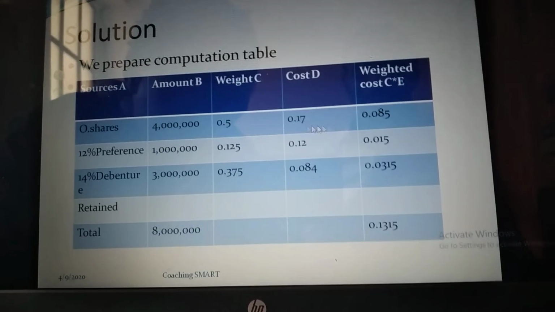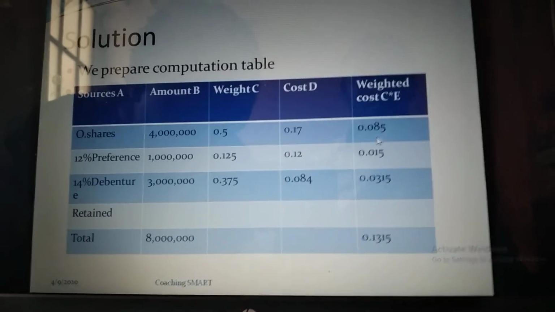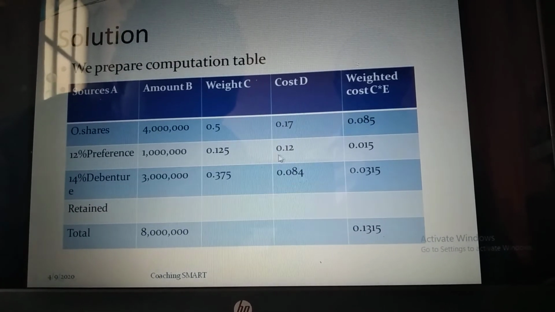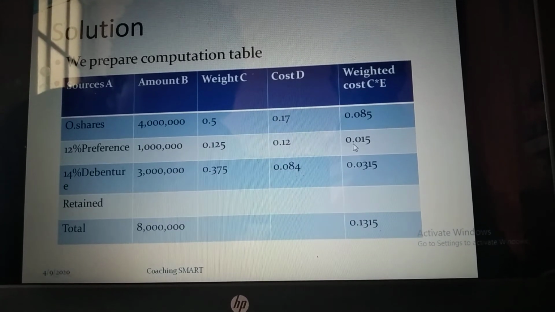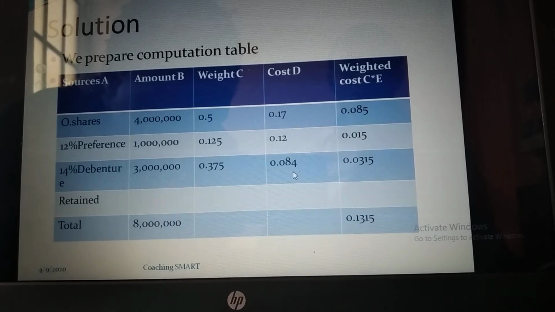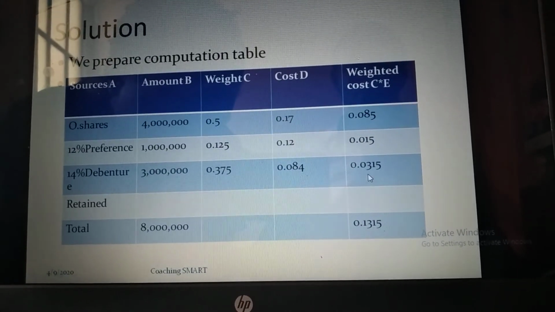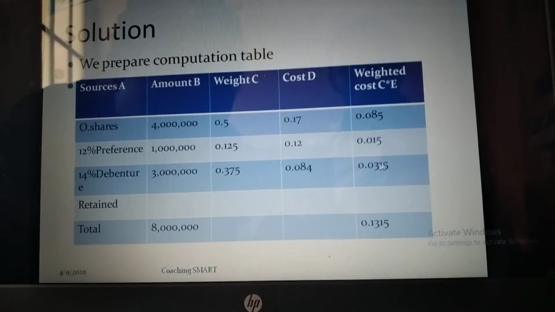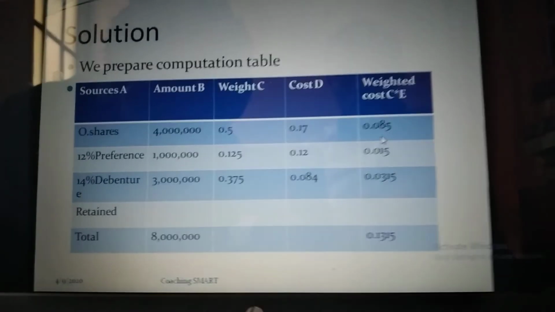So 0.5 times 0.17 gives you 0.085. 0.125 times 0.12 gives you 0.015. 0.375 times 0.084 gives you 0.0315.